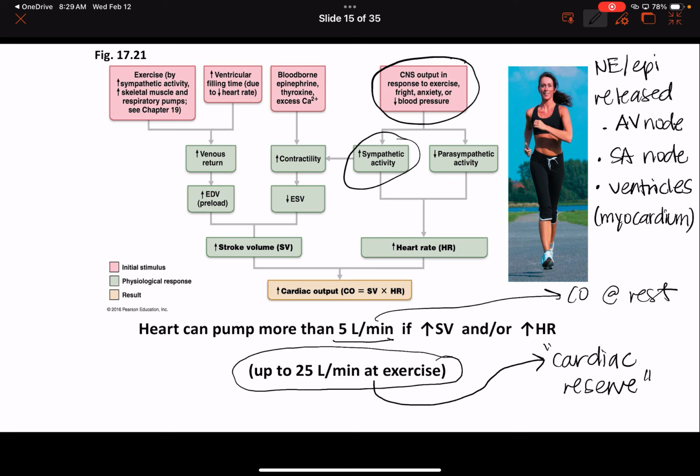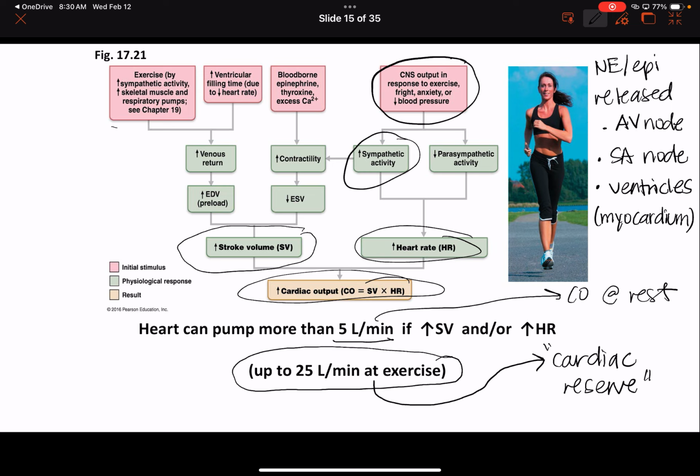Ways to increase stroke volume, which is the amount of blood that's being ejected, is if you are exercising. So you're exercising, your blood's pumping more. When you exercise, you wouldn't remember this because we didn't learn it yet.